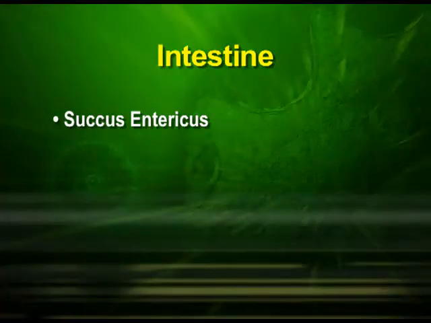So, goblet cells are secreting mucus. Another thing, the brush border cells in the small intestine secrete a juice. That juice along with the mucus is called succus entericus.